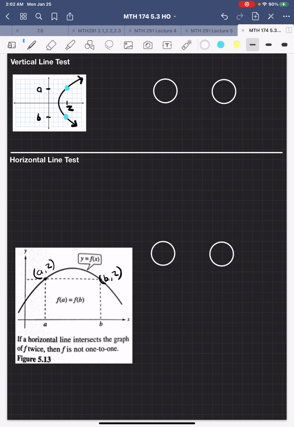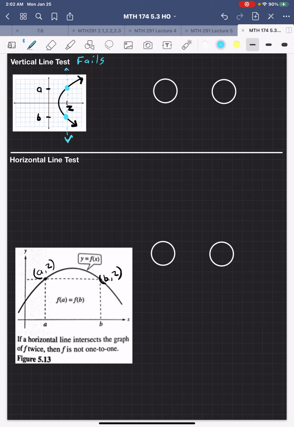So in this example, if I were to draw a vertical line, see how this vertical line touches our graph in 2 locations. So we would make the statement that this fails the vertical line test.